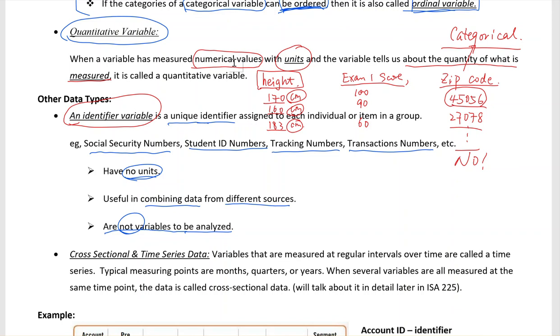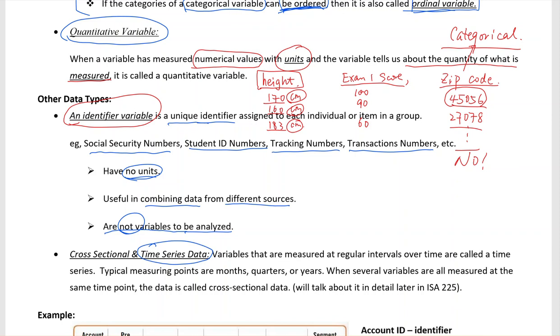All right. And another data type I want to talk about is cross-sectional and time series data. All right. Okay. So first, let's talk about time series data. What is time series data? From the name of this kind of data, it is about time.